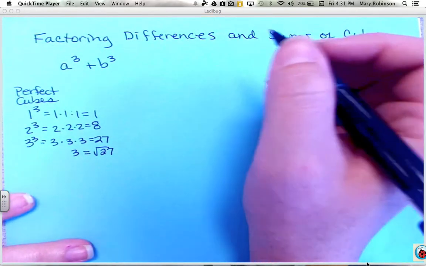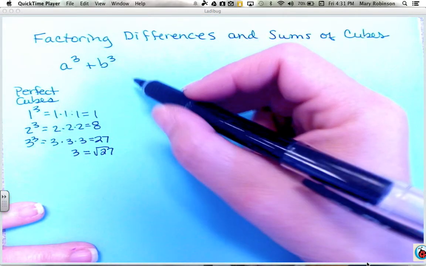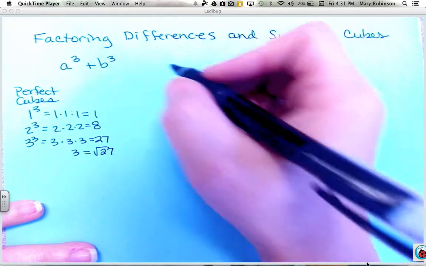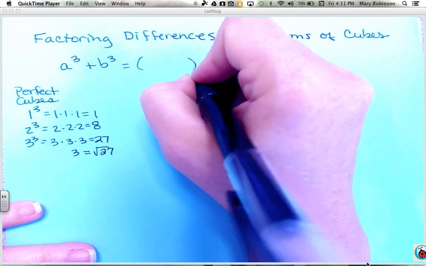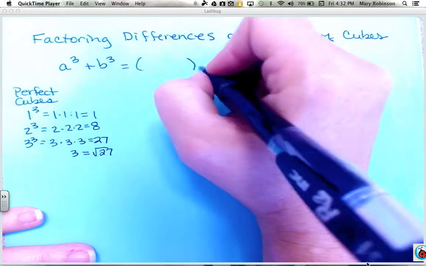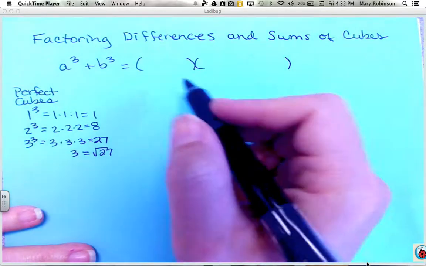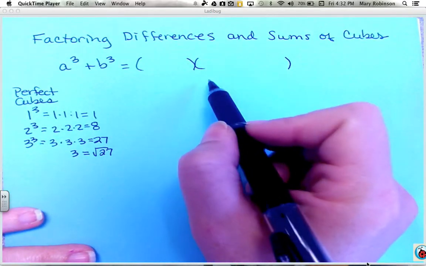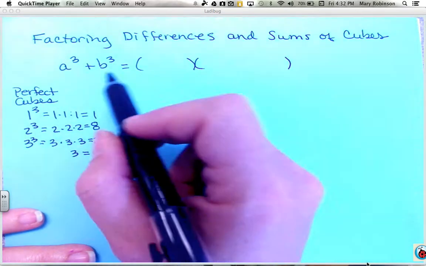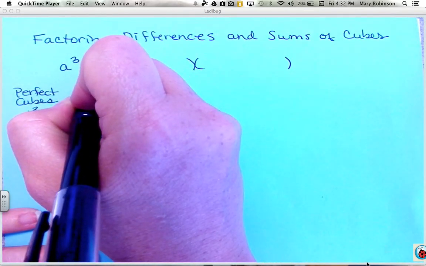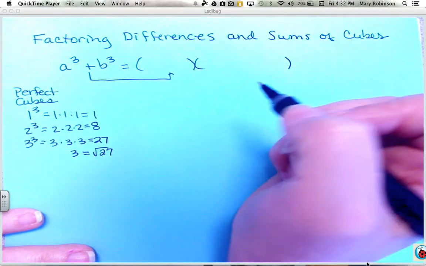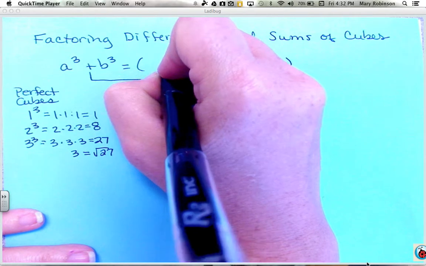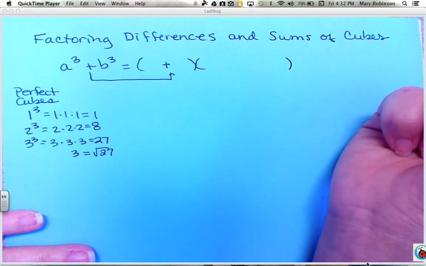Okay? So there is a pattern to finding the factors for a sum of cubes. First of all, we start off with a binomial factor and then a trinomial factor. So that means there's going to be 2 terms here and then 3 terms here. Recall, as I taught in class, that if you're finding the factors of a sum of cubes, then this binomial factor will carry that same sign.